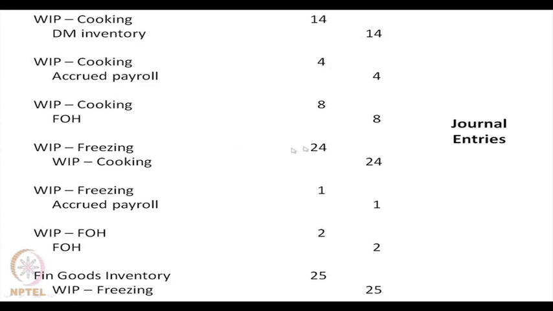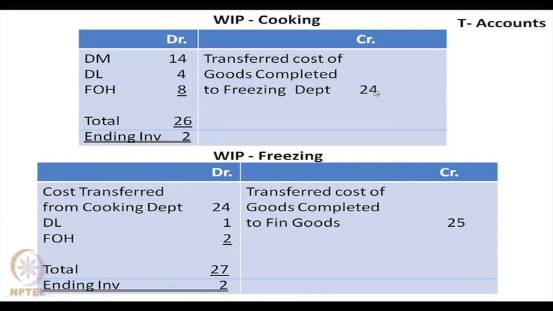Then 24,000 rupees worth of goods are transferred to the freezing department. So, the freezing department WIP is debited, the cooking department's WIP is credited. That is already shown here, 24 is credited here and 24 is debited here.